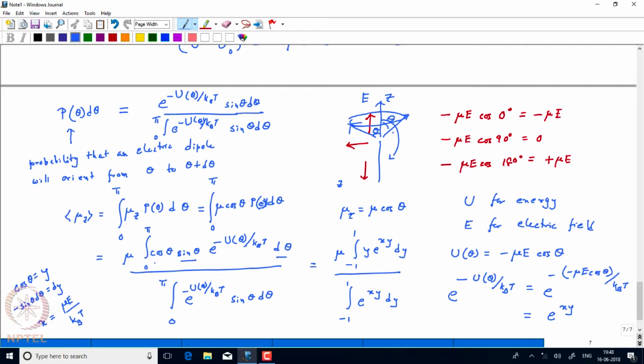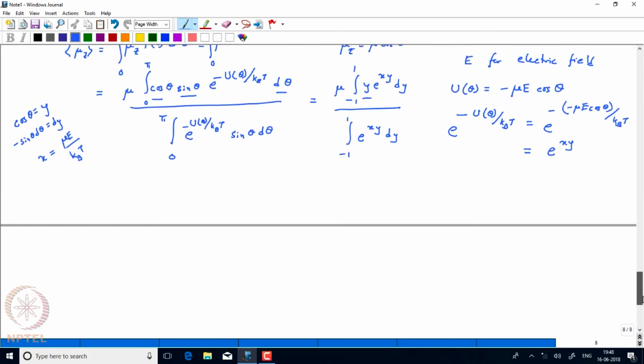But I also have a cos theta, and that is why I have a y in the numerator. We will not integrate this function as such. We just write it as mu z, which is nothing but mu into something known as the Langevin function.